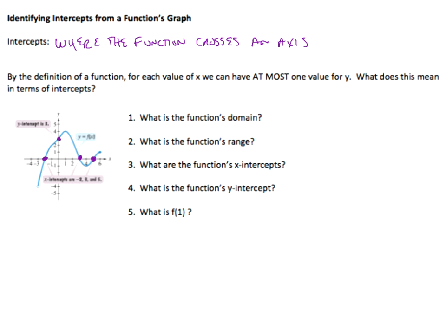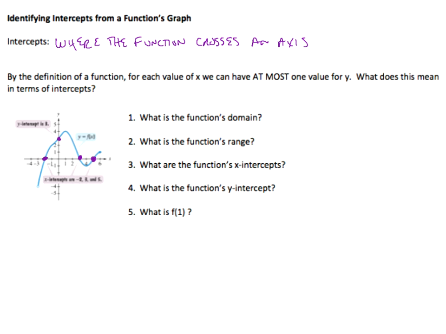You can have multiple x-intercepts with a function. You will always only have 1 y-intercept with a function. If you have 2 y-intercepts, it's stacked points on top of each other, and it's not a function anymore. You can have multiple x-intercepts and still pass the vertical line test, as this does here.